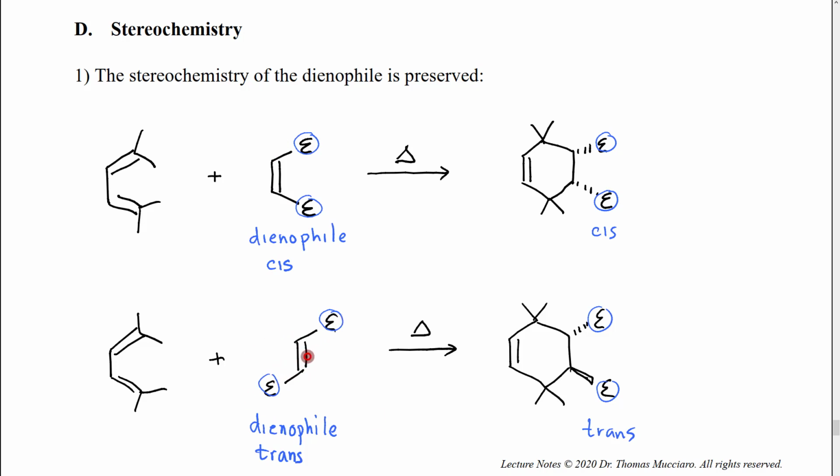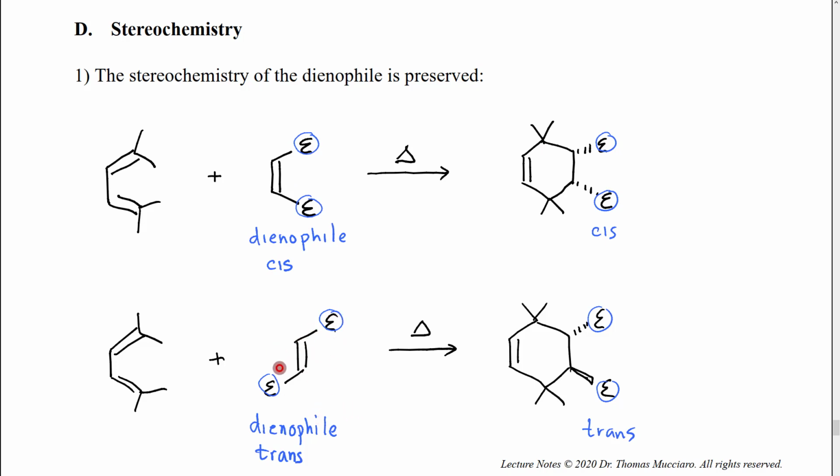When that happens, those are going to form either dashes or wedges on the 6-membered ring, these groups that are hanging off. If those two groups are cis, then they're going to form either both dashes or both wedges. Later on, you're going to see that I have sort of a system for predicting the stereochemistry. In that case, we're going to draw them with dashes always, if these are the E groups.